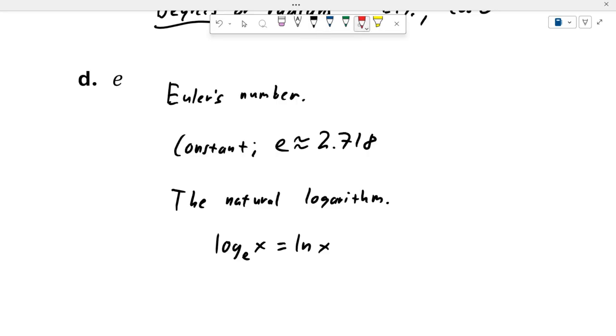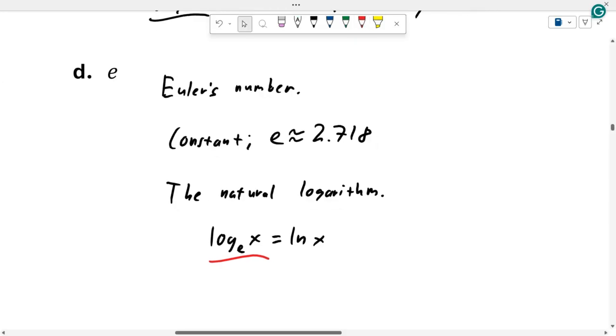So chances are you're not going to see anything written with log with a base of e, because if your base is e, that's called the natural logarithm of x. And e has a lot of interesting mathematical properties that we're going to see later on. There's another way of deriving e that involves limits that we'll see in a little bit. But for now, you just need to remember that it'd be nice if you remember it's called Euler's number. It's a constant. It's approximately 2.718.